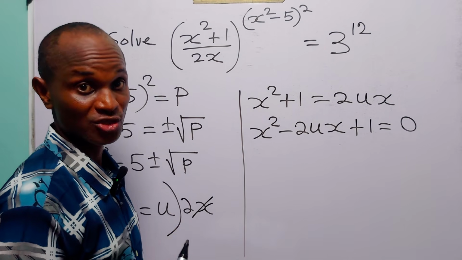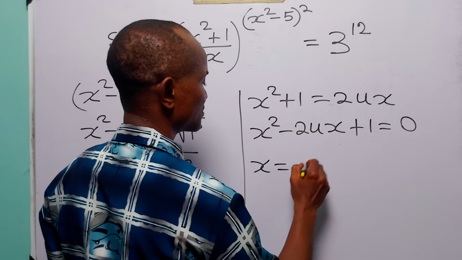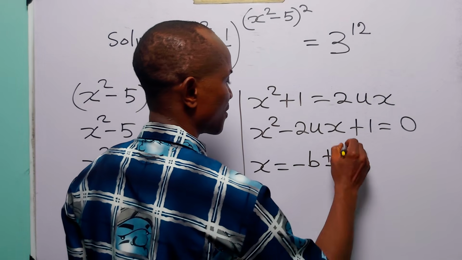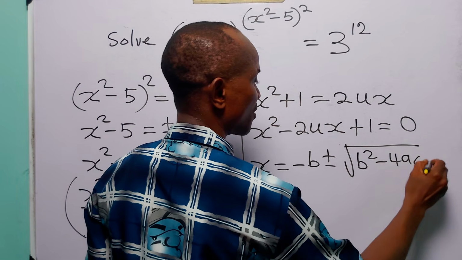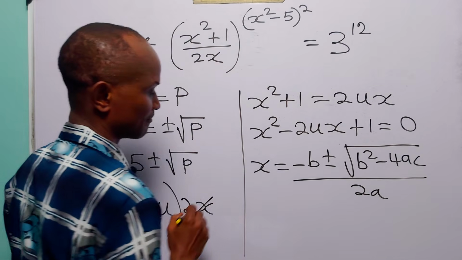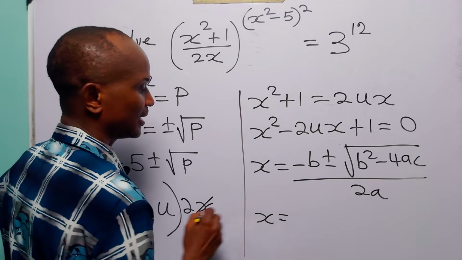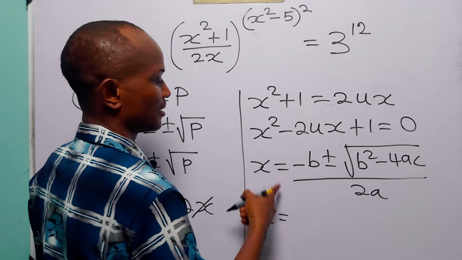To do that, let us use the quadratic formula. We have that x is equal to minus b plus or minus the square root of b squared minus 4ac, divided by 2a. Now, b is minus 2u.